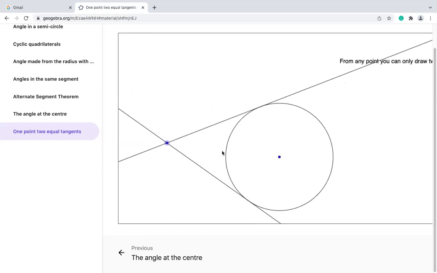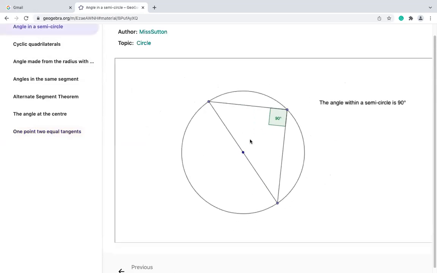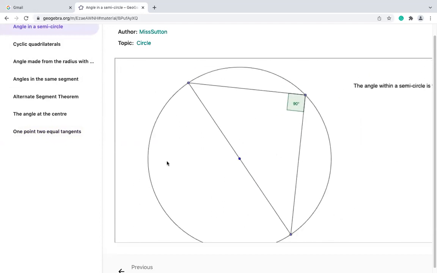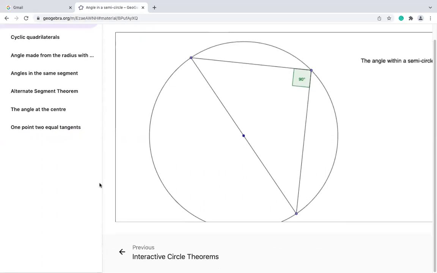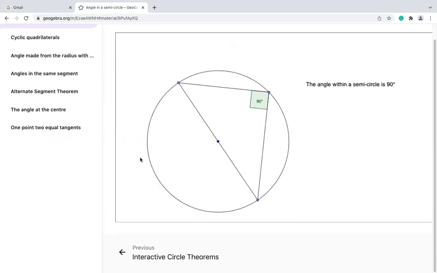Now, coming to the next part, the first one is the angle in a semicircle. If you have the end points of a diameter and you join them with any point on the circle, on the circumference, this will always create a right angle.